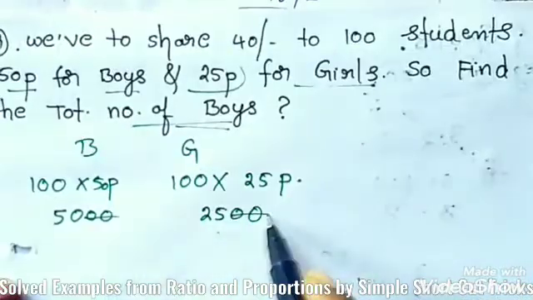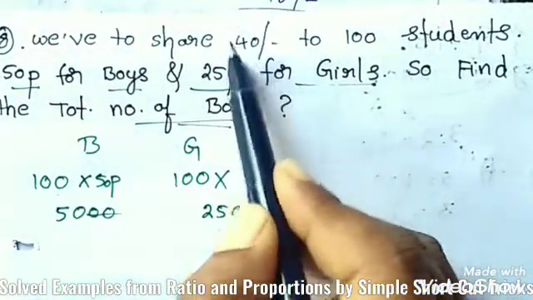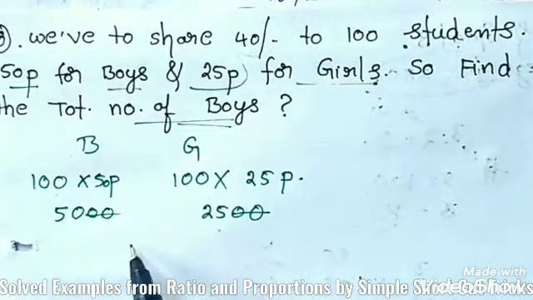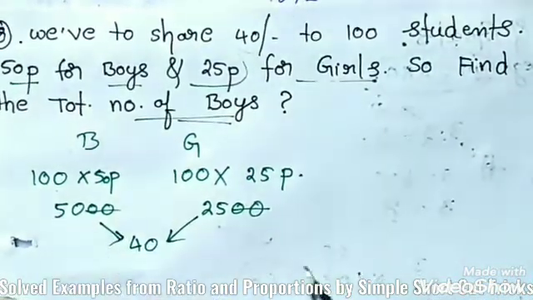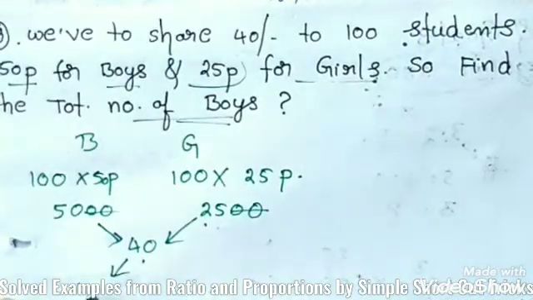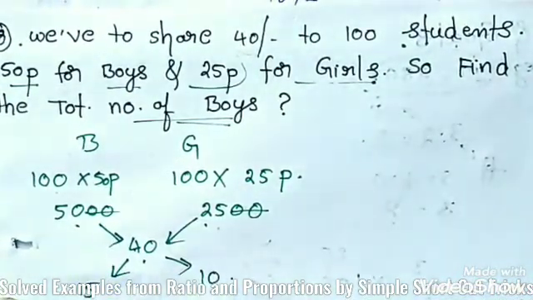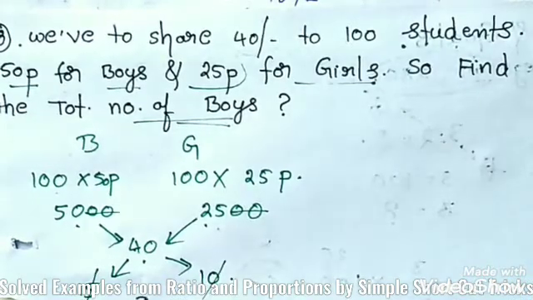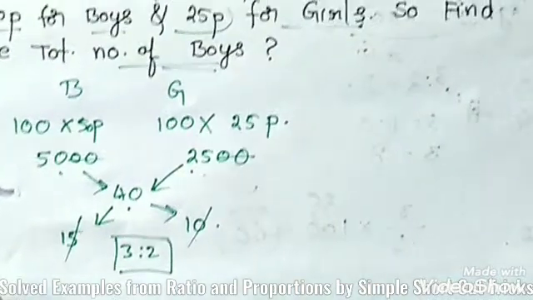If you cancel these two zeros, then the total amount we have to share is only 40. Okay, then 40 you have to write in the middle. If you subtract 40 minus 25, 15. Now 50 minus 40, that is 10. If you cancel this, you get 3:2. So the ratio we got is 3:2.